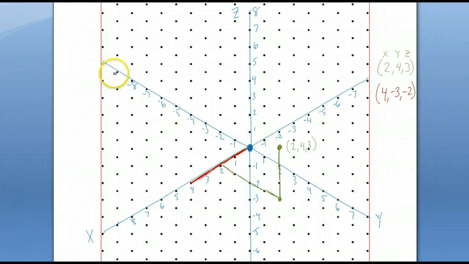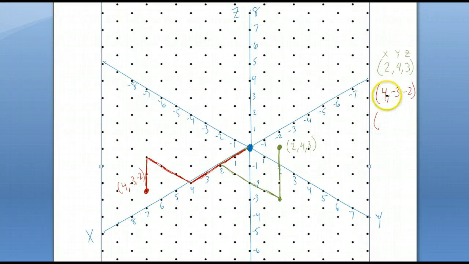Well, the y-axis goes this way, so if I want to go -3, I need to go back and to the left 3. And then from that point I need to go -2 in the z direction. So from here I'm going to go down 2. So this point right here is -4, -3, -2. Again, I want to label that ordered triple, and to get there I came towards and then away and then down.